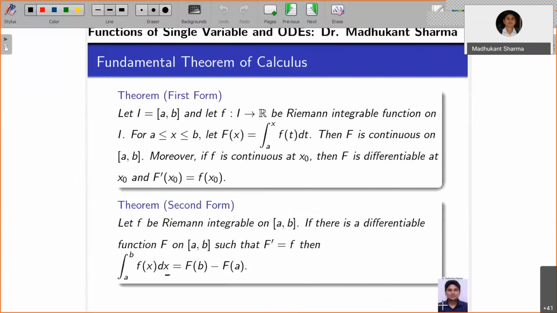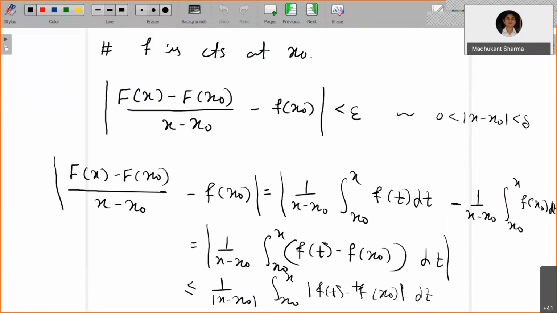Now since f is continuous at x naught, mod of f of t minus f of x naught is less than epsilon whenever mod of t minus x naught is small, and t lies between x naught and x. Now you are going to use the fact that the function is continuous at x naught. So this will certainly be less than epsilon, and then this integral will be less than or equal to epsilon times mod x minus x naught. That will get cancelled here.